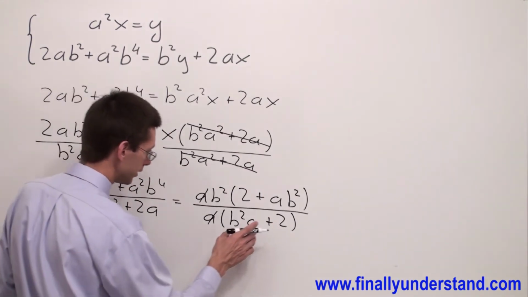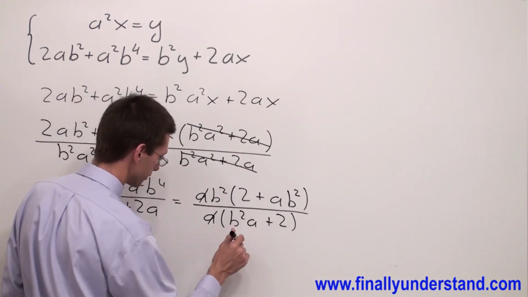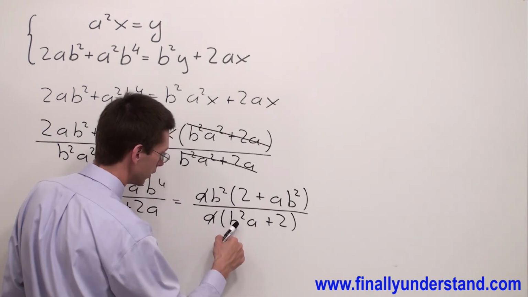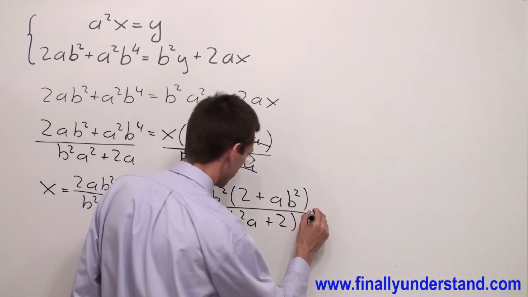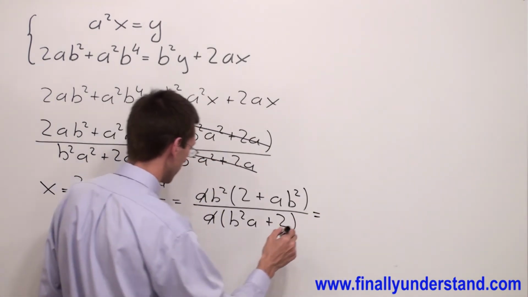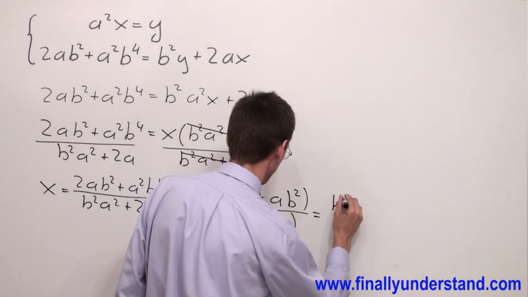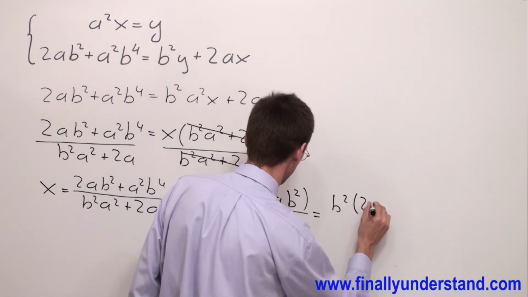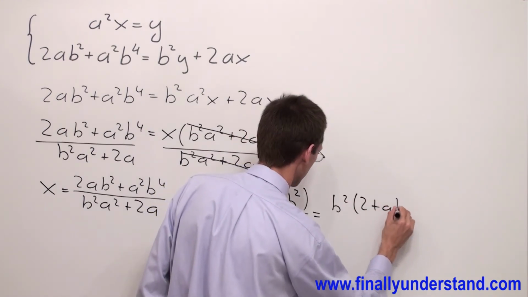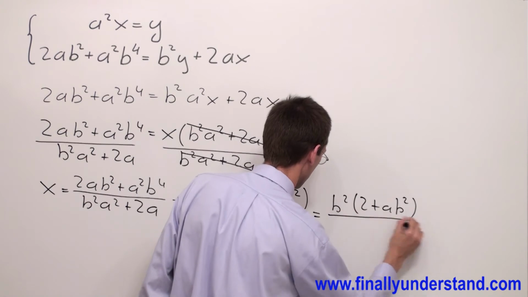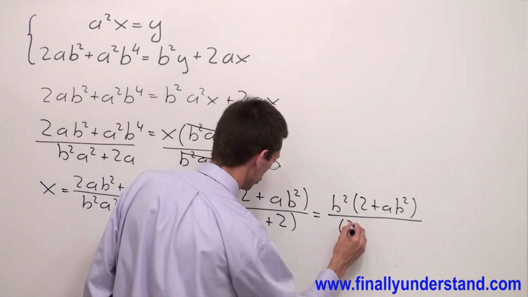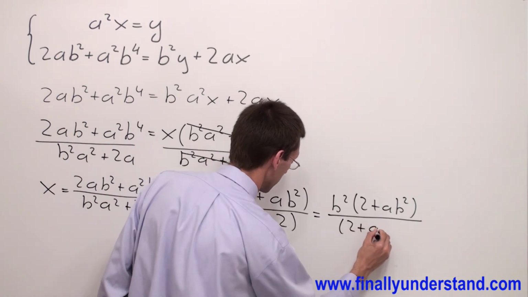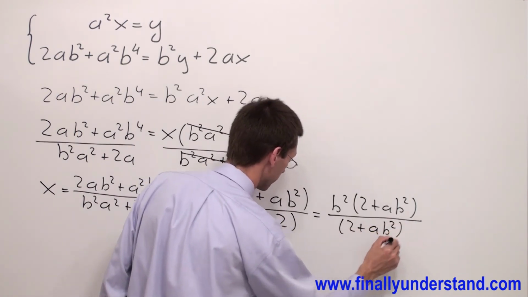Keep in mind that anytime we have addition and multiplication, we can change the order and we can get b squared, open parenthesis, 2 plus ab squared over, I can write 2 plus ab squared.